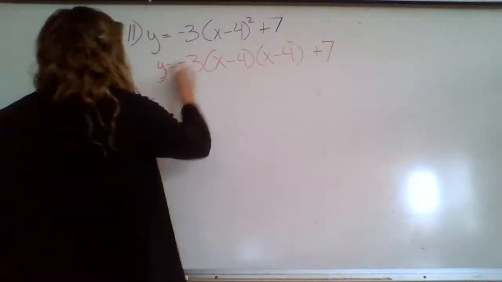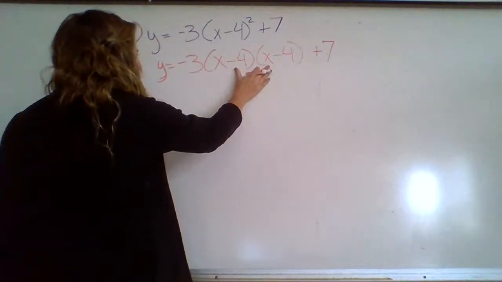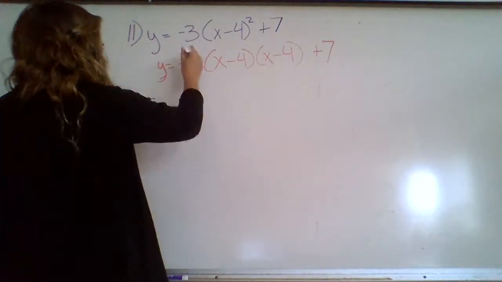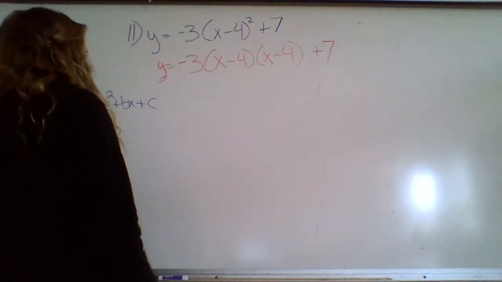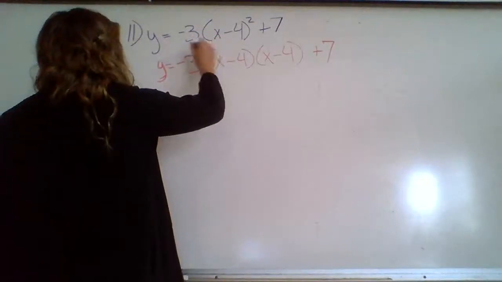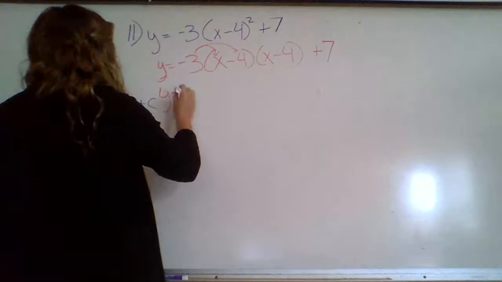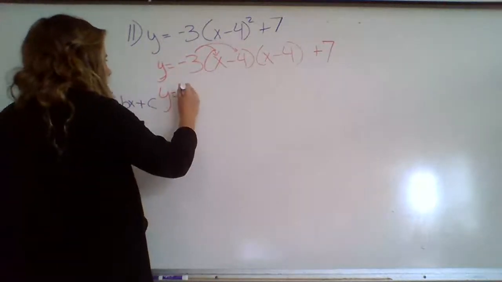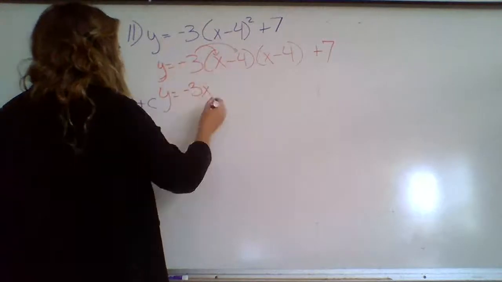You can either FOIL these first, x minus 4 times x minus 4, or you can distribute the -3 first. It doesn't matter which one you do first. So I'm going to start with my -3. Okay, so it's going to be y equals -3 times x, -3 times -4.